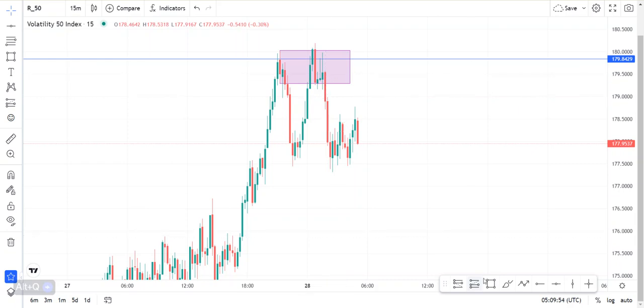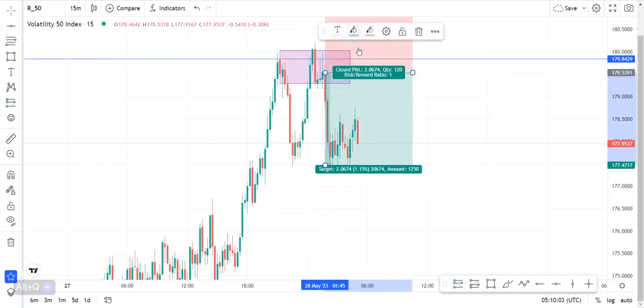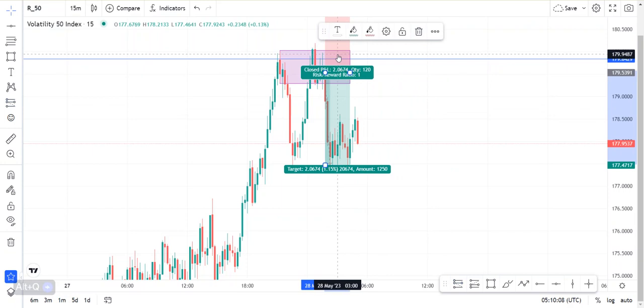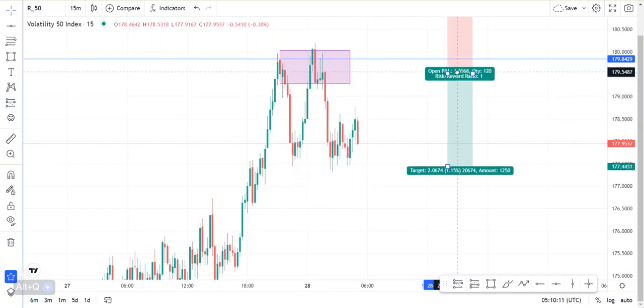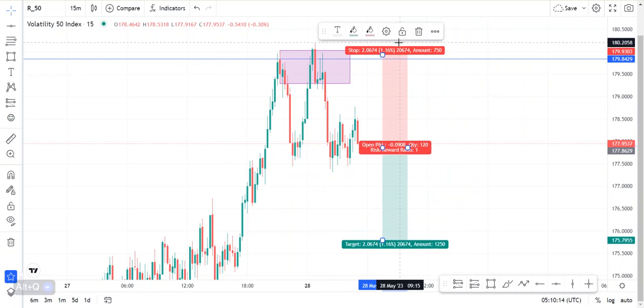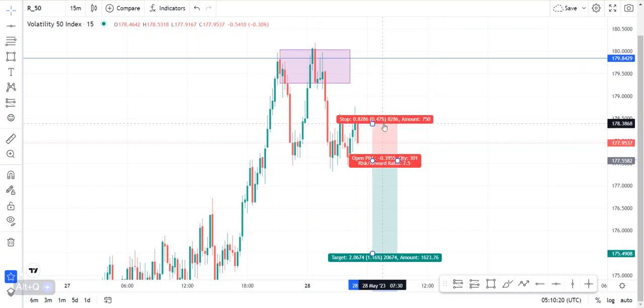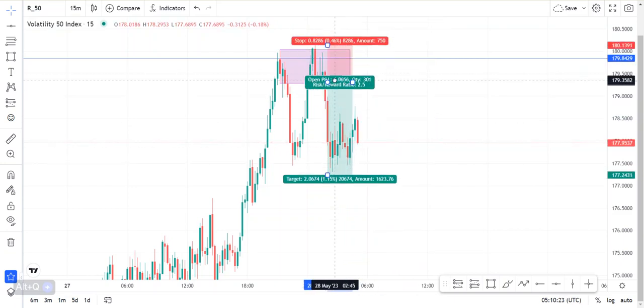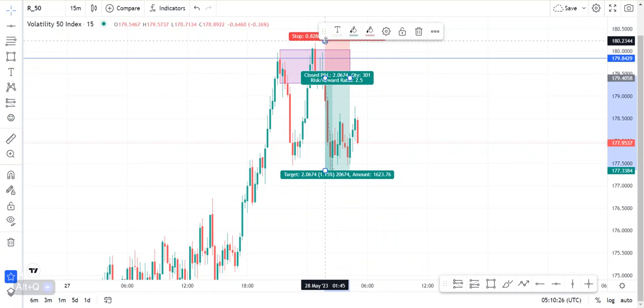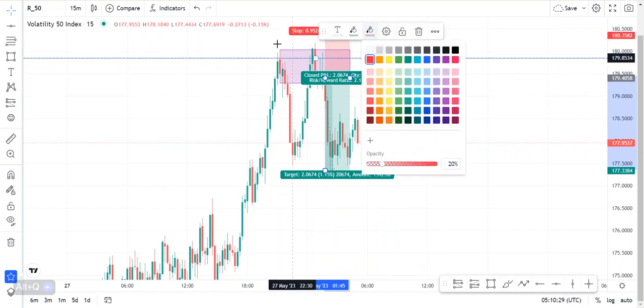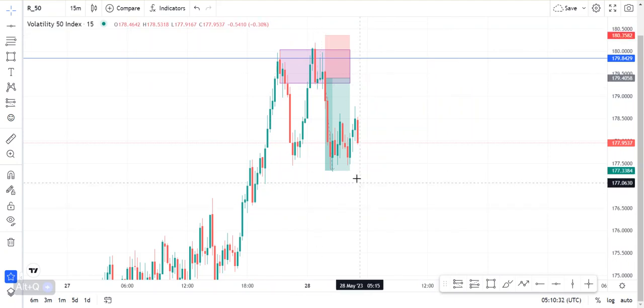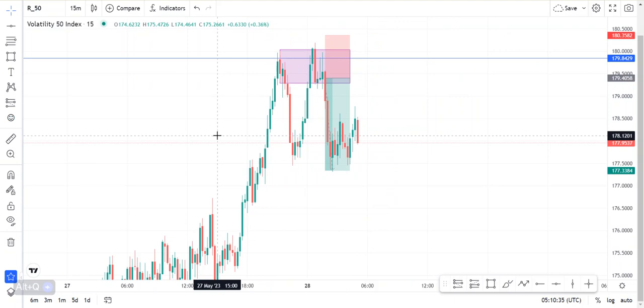I'm just trying to draw it properly so that you can get it. Your stop loss would have been somewhere here. But where are we targeting?